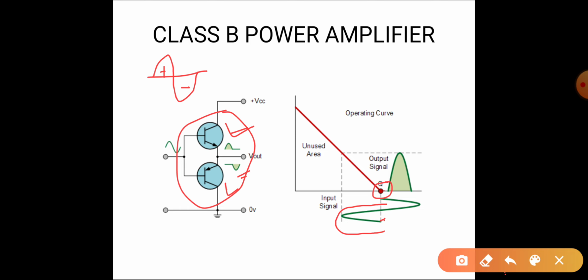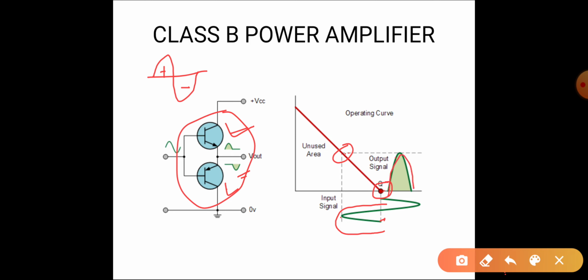Here you can see, as the voltage varies from this to this, the Q point will change its location from this point to this point, and you are going to get the output signal like this. So, this is your output signal.